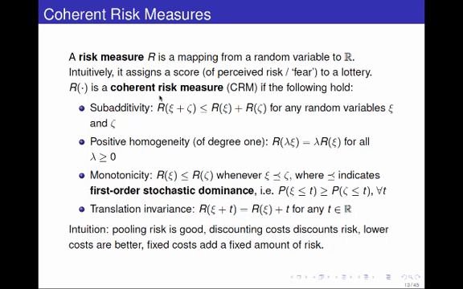So if one lottery is more likely to give me a lower cost, then I want to assign to it a lower risk score. So it's a more desirable lottery.